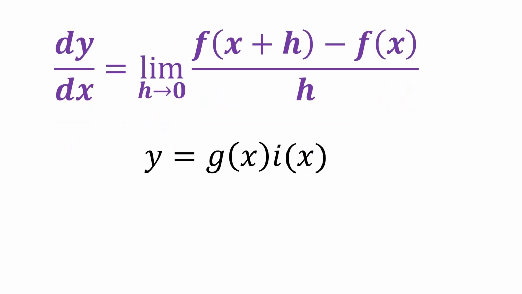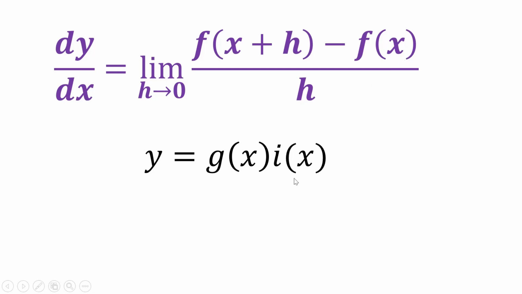What we're going to do today is to find the derivative of y, which is equal to j of x multiplied by I of x. So y is a product of two functions, and our duty is to find the derivative of y. To be able to apply the first principle, we need to find f of x.